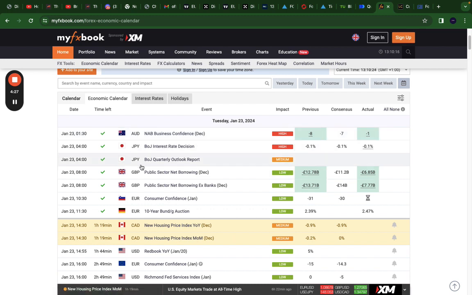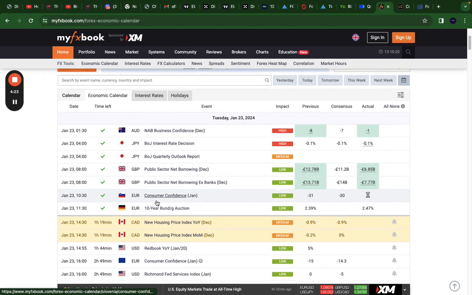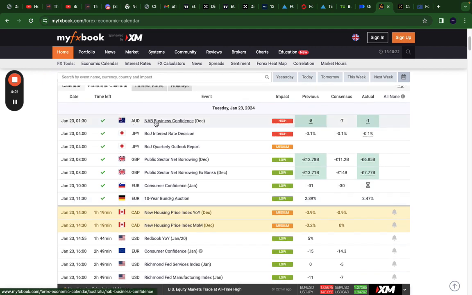So today we had news on AUD, JPY, and several others. Now the news on AUD was actually very high. When you see this part stating high, we also have medium. When you see high, that means taking that currency pair for that day should not be an option.